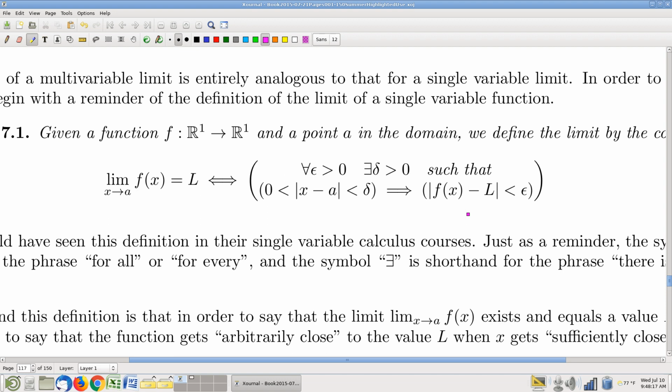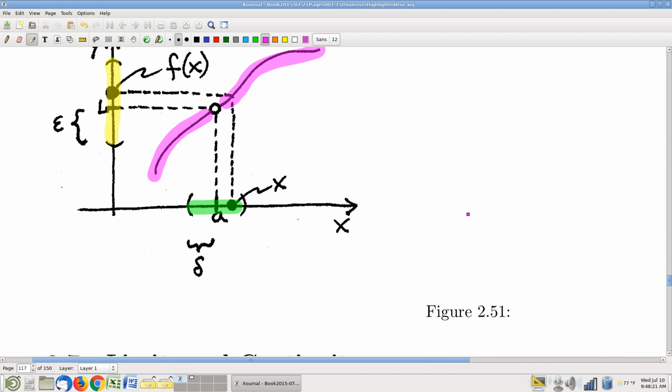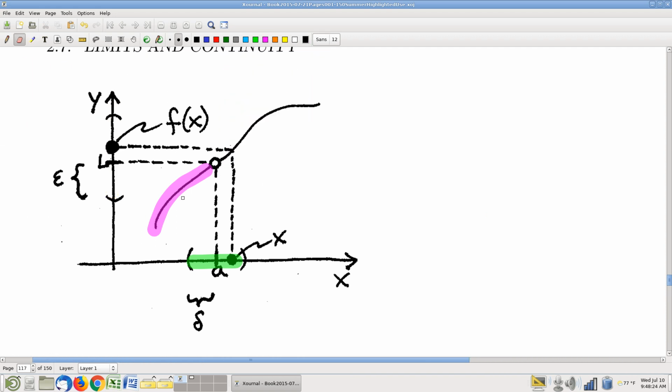Okay, one other quick detail that I've got to hit before we go on, and that is, let's look at this picture again. Why are we interested in the value of the limit? I ask rhetorically. I use red, so this value here. Why are we interested in that value of that limit? Why don't we just say f of A?